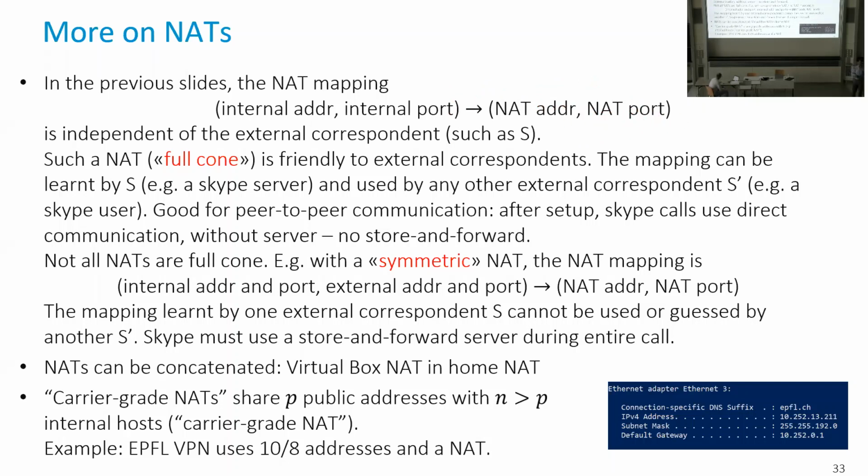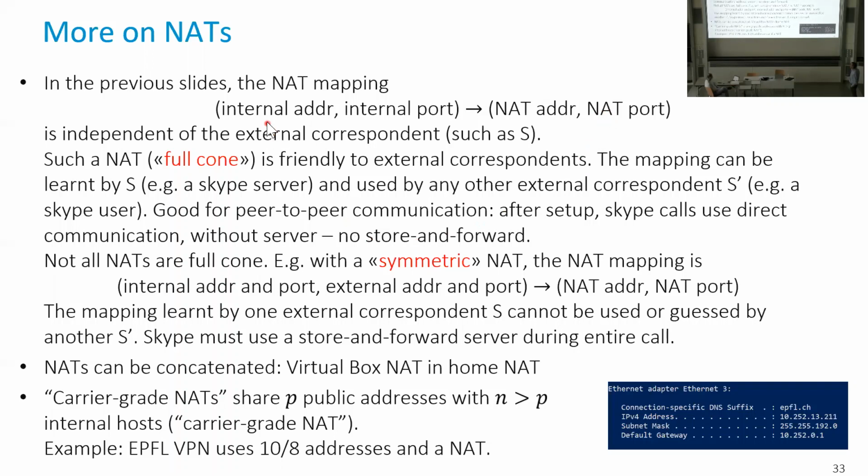For example, for Skype, if the Skype server sees your Skype client at home, it sees this NAT port number here. It can give this information to your Skype correspondent, who can then talk directly to you without going through the Skype server, which is good for Skype because that means Skype does not need to do store and forward. We've seen last week that store and forward is expensive because you need huge buffers. You need to buffer the entire conversation rather than just individual IP packets. So that's good.